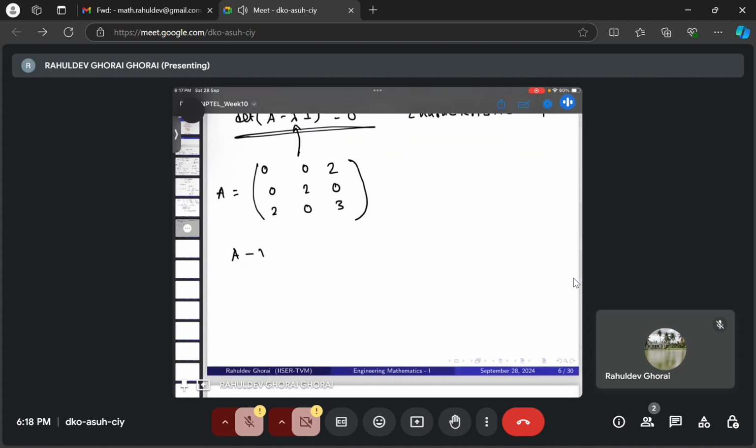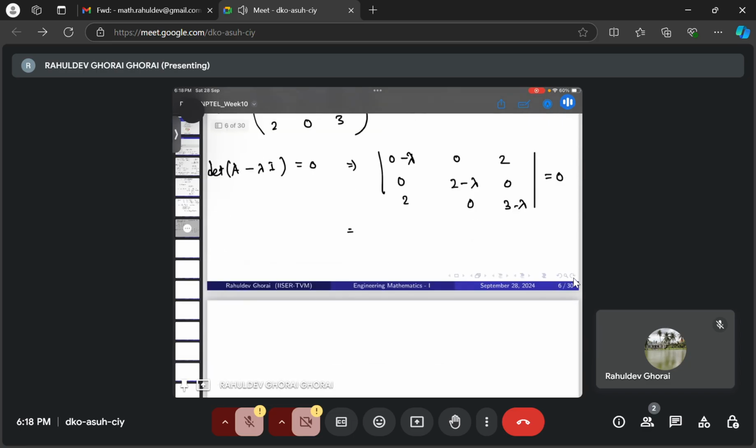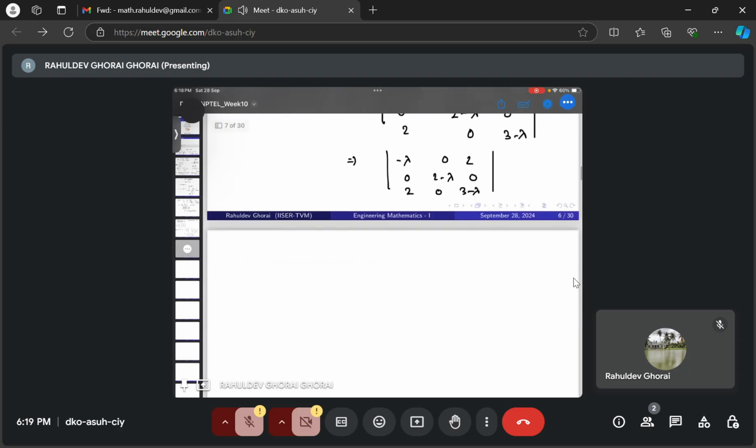The determinant of A minus lambda I has to equal 0. So A minus lambda I will have minus lambda, 0, 2, then 0, 2 minus lambda, 0, then 2, 0, 3 minus lambda, and that equals 0.